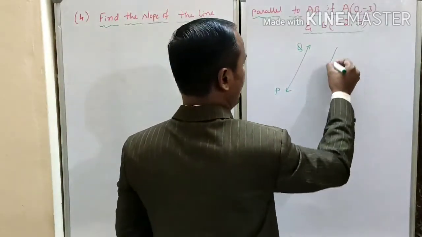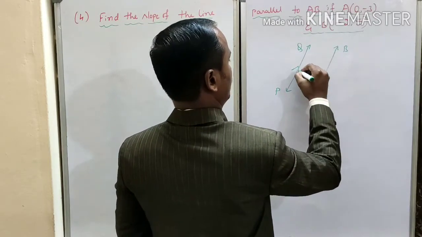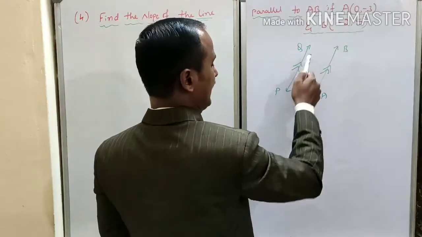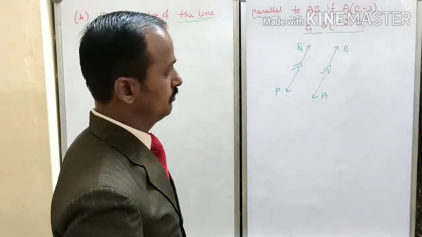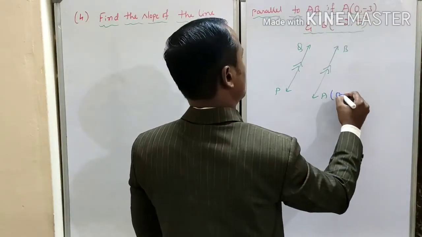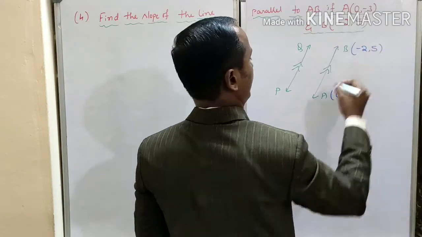This line PQ is parallel to AB. This is the required line whose slope we want, and this is the given line AB. A coordinates are (0, -3), B coordinates are (-2, 5).